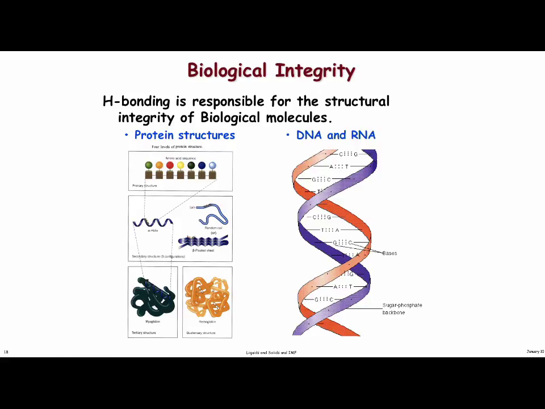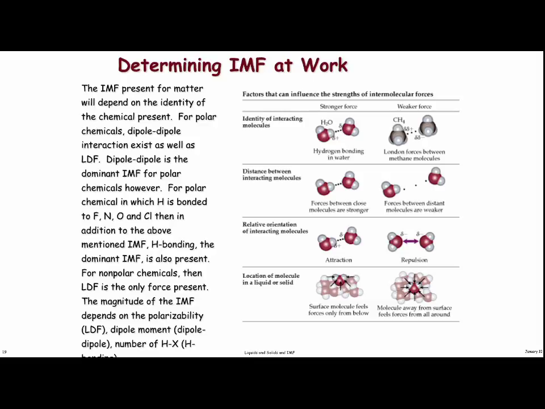Hydrogen bonding is just strong enough to keep the molecule intact, but weak enough so that it can come apart and come together again if necessary. This right here is a summary of how intermolecular forces present themselves in the properties of chemicals.